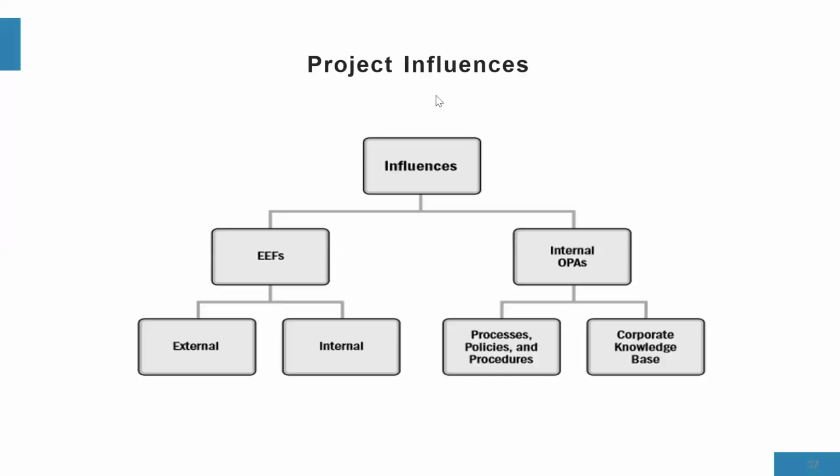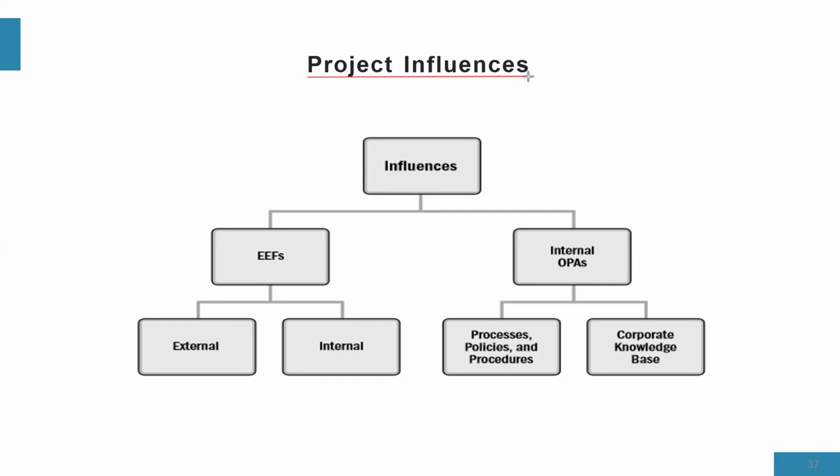Now, this brings us to what we call project influences. And what is a project influence? An influence is something that is not within the control of the project manager or his team. So project influences are things that a project manager cannot control. Let me bring it home. If you're taking a walk in the park and it starts raining, that rain is going to influence your behavior.